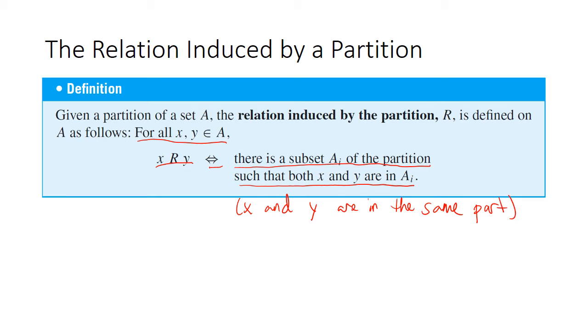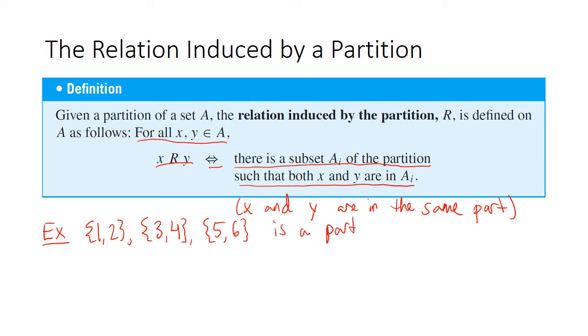Let me do a really quick example so you get the idea. We saw before that {1, 2}, {3, 4}, {5, 6} is a partition of the set {1, 2, 3, 4, 5, 6}.